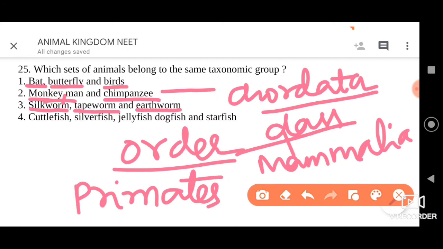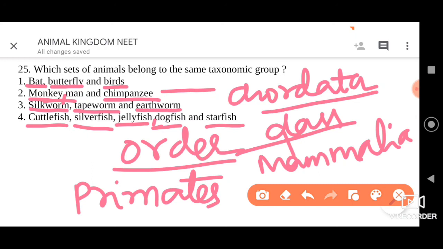Next, in the fourth option we have first cuttlefish. They belong to mollusca. Silverfish belongs to arthropoda. Actually silverfish is an insect. Then jellyfish belongs to Cnidaria, dogfish belongs to Chordata, starfish belongs to Echinodermata.